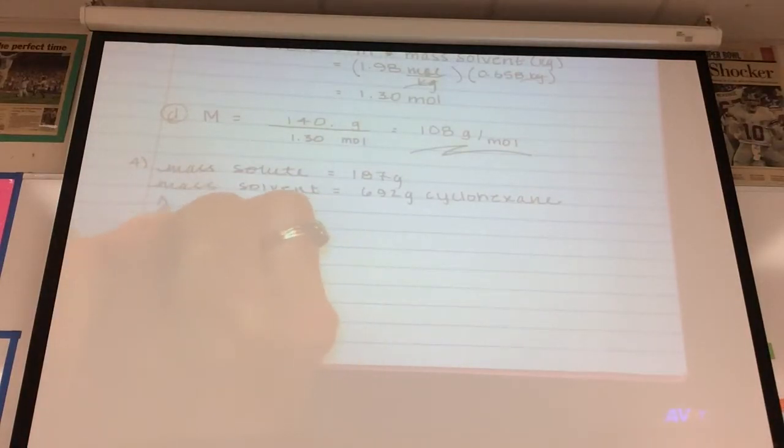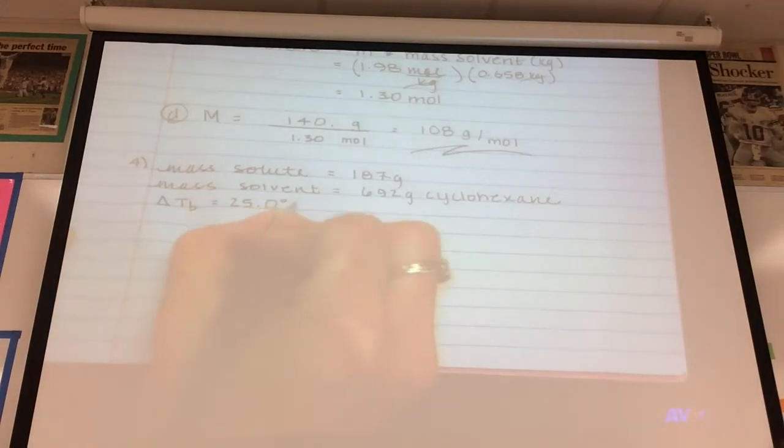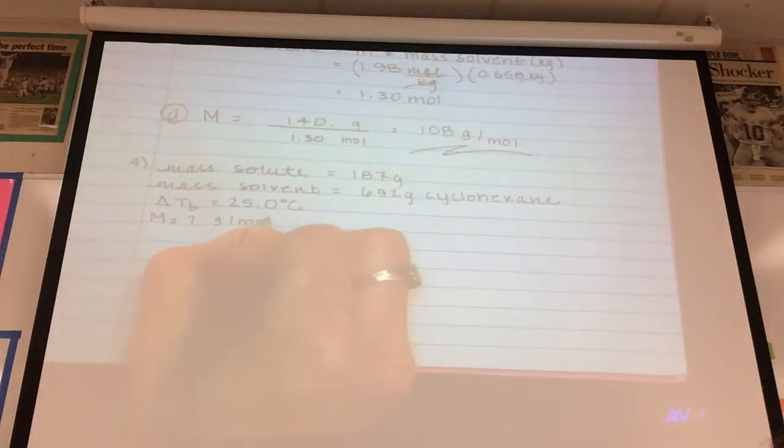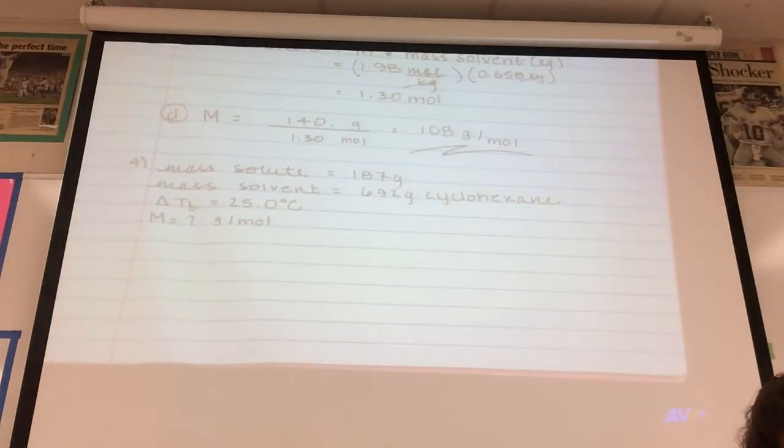The boiling point is raised by, so they're giving you delta TB, which means you can skip the first step, and the goal, as it's been all along, is to determine the molar or molecular mass of the solute.